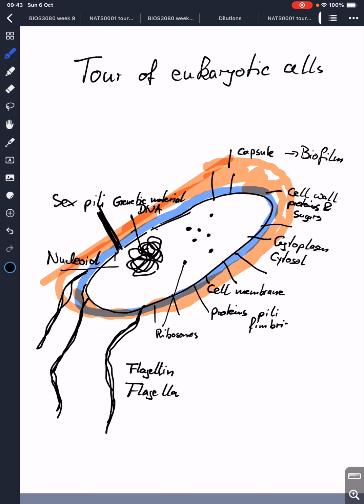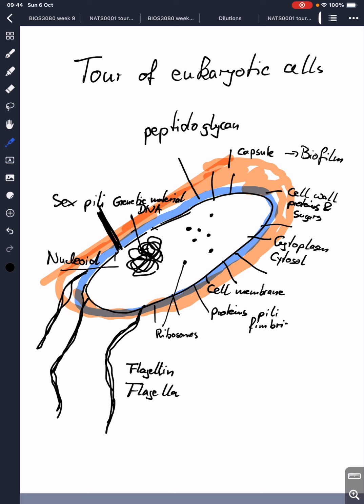And we refer to this cell wall frequently as the peptidoglycan layer. That is the typical cell wall, and it depends on the prokaryotic cells on the composition of this peptidoglycan layer.